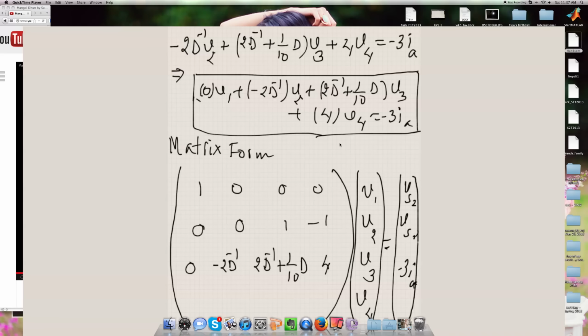Or you could have written this as the fourth row, doesn't really matter. In a matrix, we can swap the rows and nothing really changes. 7 plus 2D minus 1, minus (2D minus 1), 0 is 0.